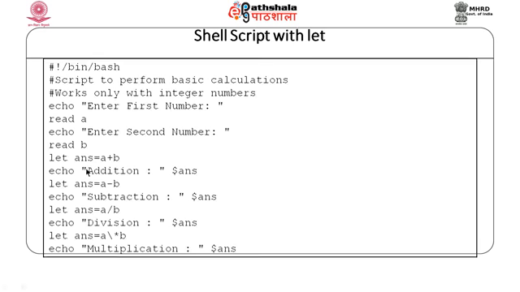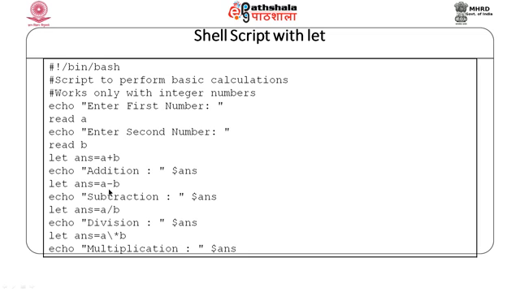This is the shell script. It is similar to the previous one, but here we have replaced expr by let. You can see let ANS equal to a plus b, a minus b, a divided by b, and finally a multiplied by b.